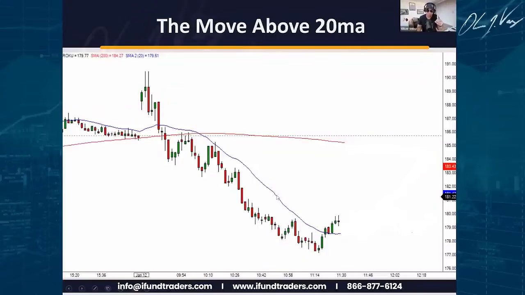That's criteria one. Part of that criteria is we need space, preferably dual space, but if we don't have dual space, we need one space. One space, remember, number one is between the two moving averages. Number two space is between the stock and the 20. So here's number one space here.